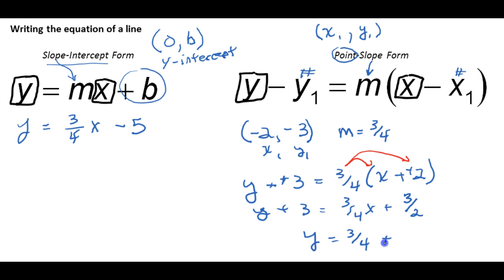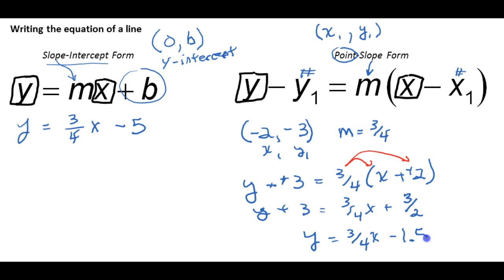But if you take 3/2, which is 1.5, and subtract 3, you're actually not going to have a plus right there. You're going to have -1.5, or -3/2, whatever version you want to put there.